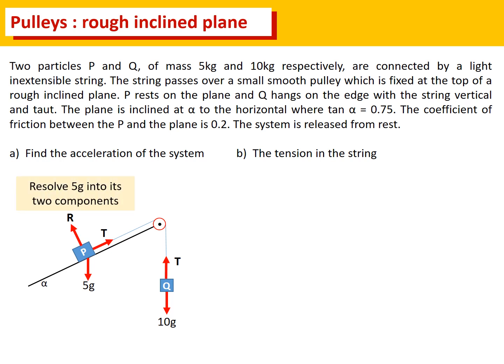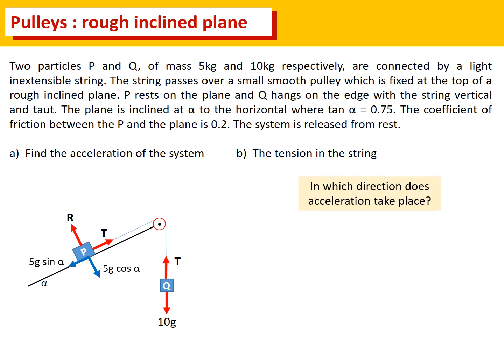Resolve the weight into its two components, and that's 5g cos alpha, 5g sin alpha, and then I take away the weight. In which direction does acceleration take place? Well, 10g, which is the pull force down here, will always be bigger than 5g sin alpha, which is the pull force down here.